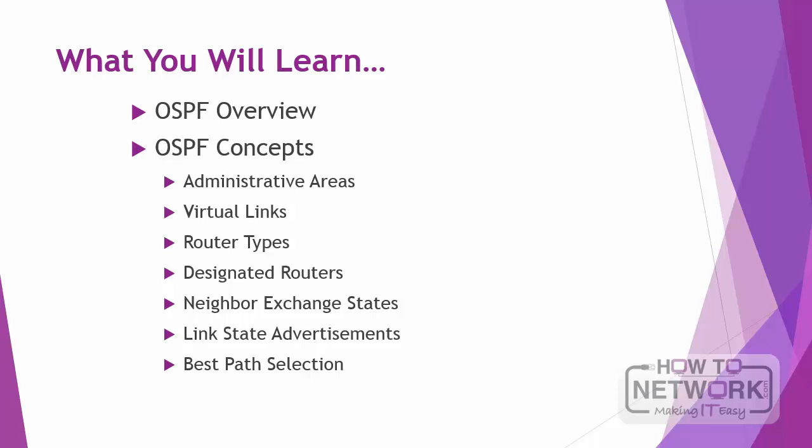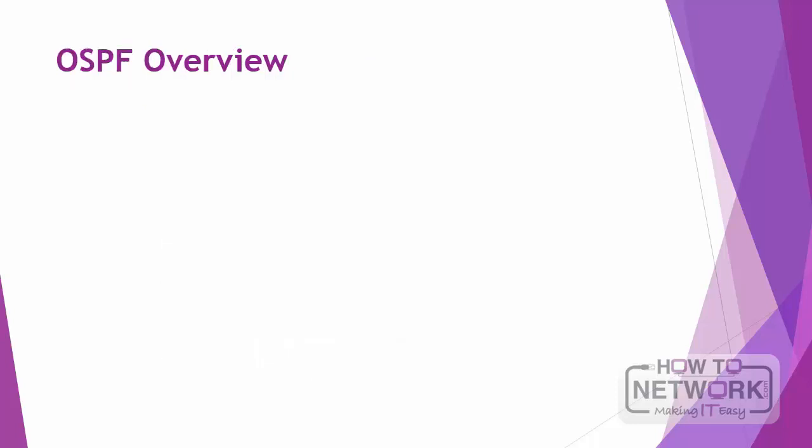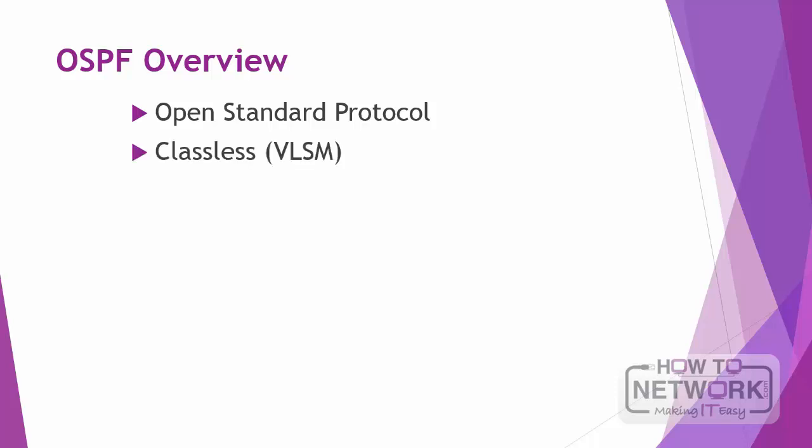So let's begin. OSPF is one of the most complex routing protocols that can be deployed in modern networks. OSPF is an open standard protocol, that is, it should be able to run on Cisco and non-Cisco equipment. OSPF is a classless routing protocol, and this allows it to support VLSM.